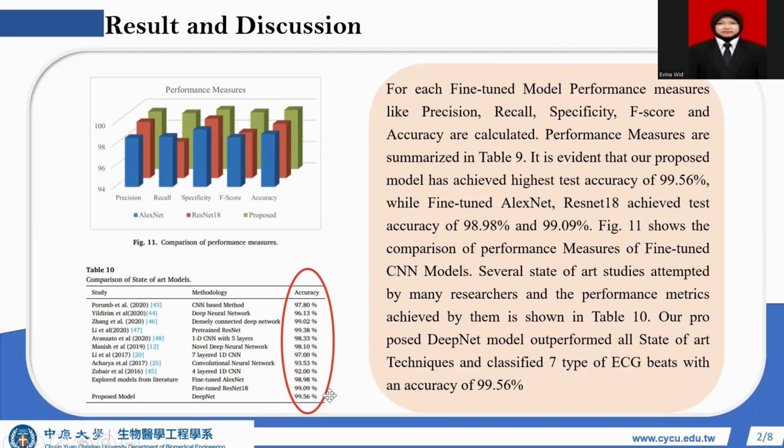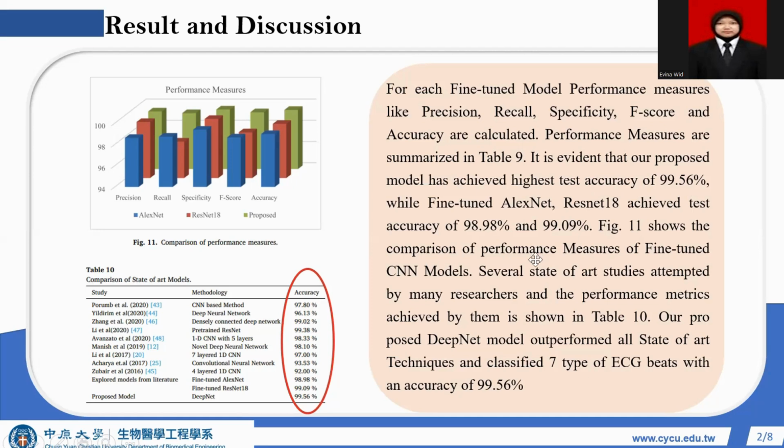And for the discussion, the fine-tuned model performance like precision, recall, specificity, F-score, and accuracy are calculated and summarized. It is evident that our proposed model has achieved the highest test accuracy at 99.56, while AlexNet is just 98.98, and ResNet is just 99.09.